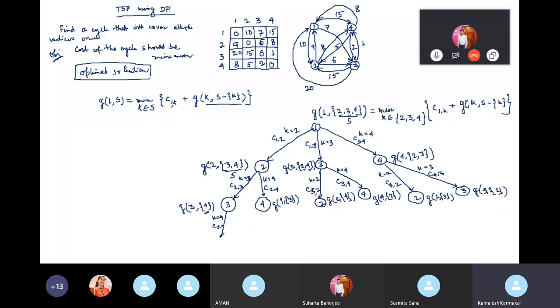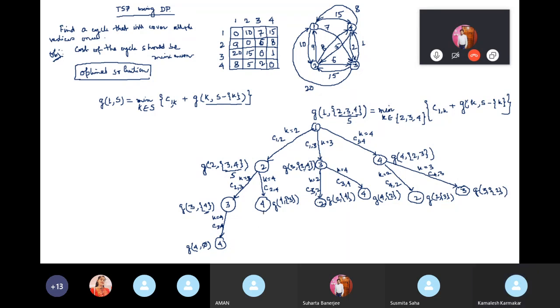The next vertex is 4. If the next vertex is 4, then the function will be G of 4, and if you eliminate 4 from this set, the remaining set is null.